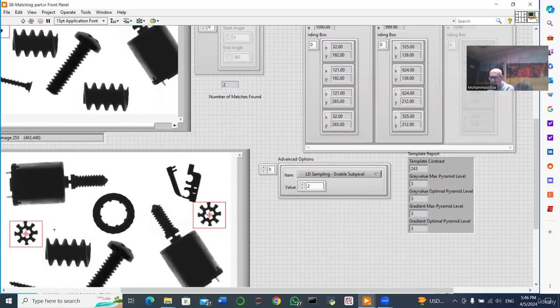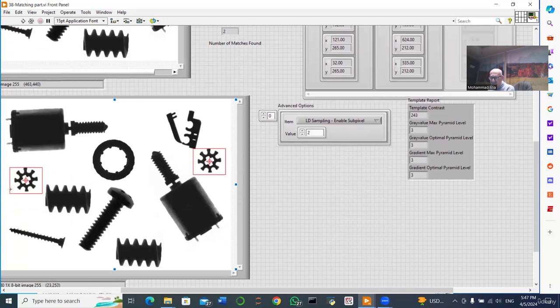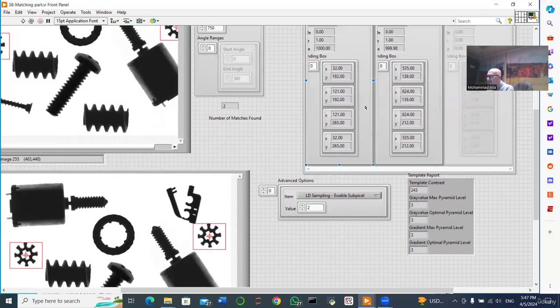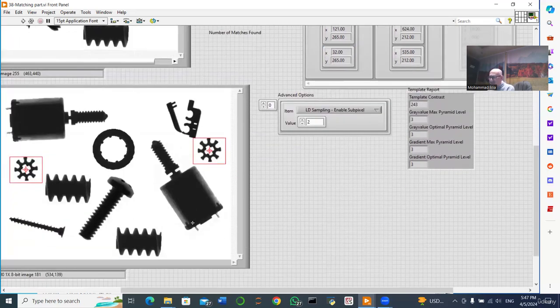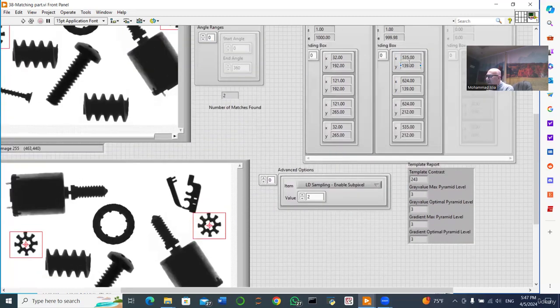This point, if you look at it, maybe it is seen, yes. Now it is about 33, 195. If you go there, it will be 32, 192. It is the same coordinates. If you come to this one here, the coordinate of this point, not seen enough. Now, 537, 141. There it is, 535, 139. They are very near, practically the same.